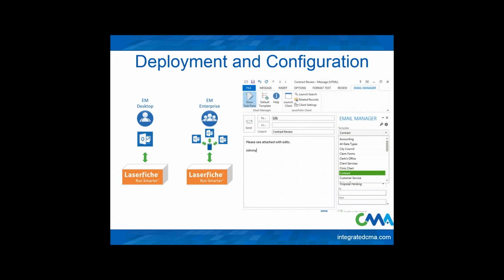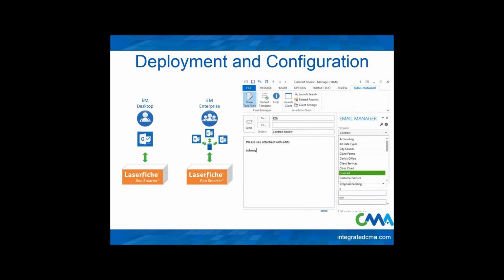You can just use one desktop to Laserfiche where there aren't multiple users running the same configuration. The enterprise version, same Outlook experience, relatively speaking, and IT is going to standardize how all users interact with the add-in.